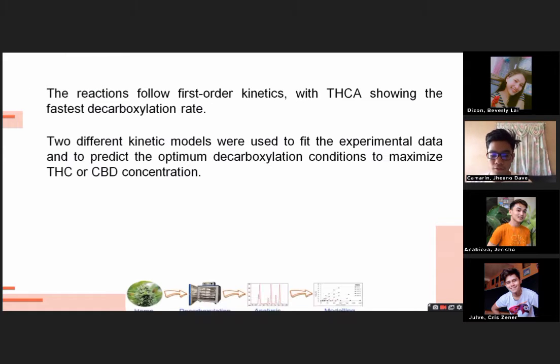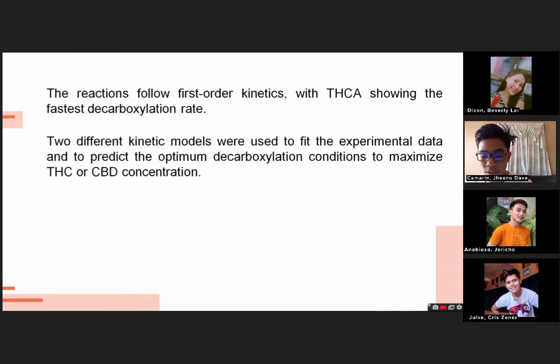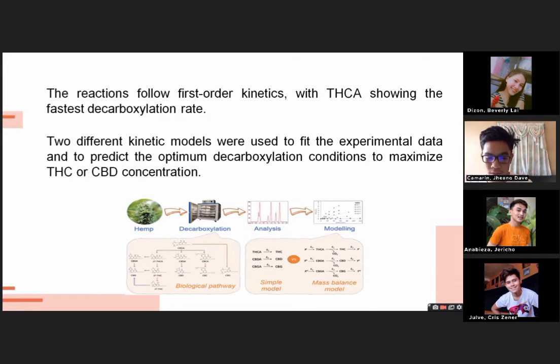Two different kinetic models were used to fit the experimental data and to predict the optimum decarboxylation conditions to maximize the THC or CBD concentration. As you can see in the picture, decarboxylation was converted.